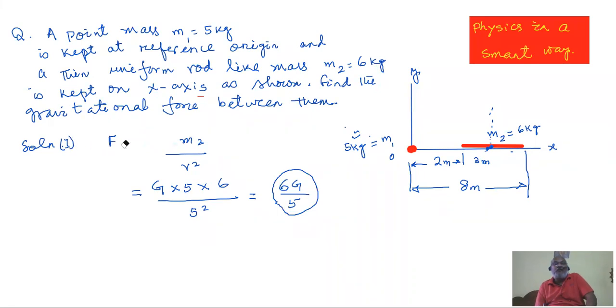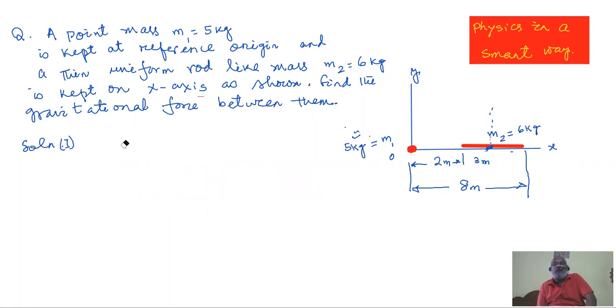Let me remove the space, clear up some space so that we can be able to do that. So the second approach will be using calculus. A student can claim, because the force between 2 point masses is G into M1 into M2 by R square, but the basic criteria is that they must be point masses.